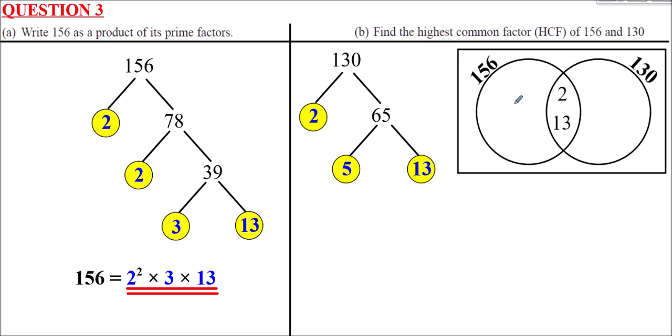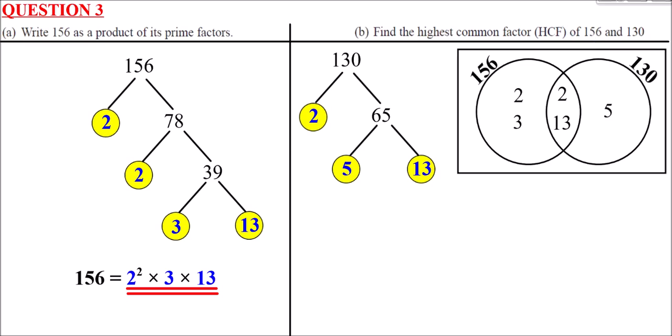So 156, what is just in 156 and not in 130 are the other 2 and the 3. So 2 and 3 go here for 156, and for 130, which just leaves a 5 in the section which is just factors of 130.